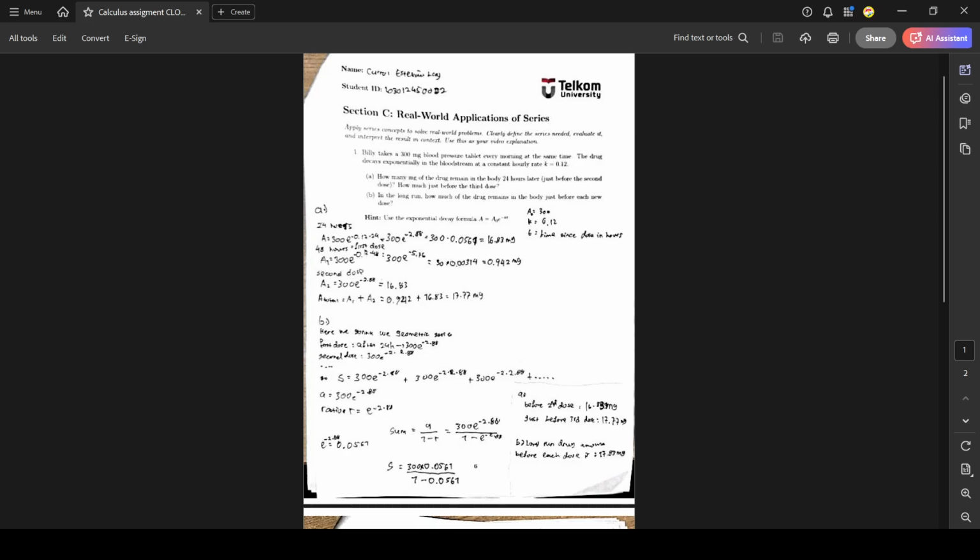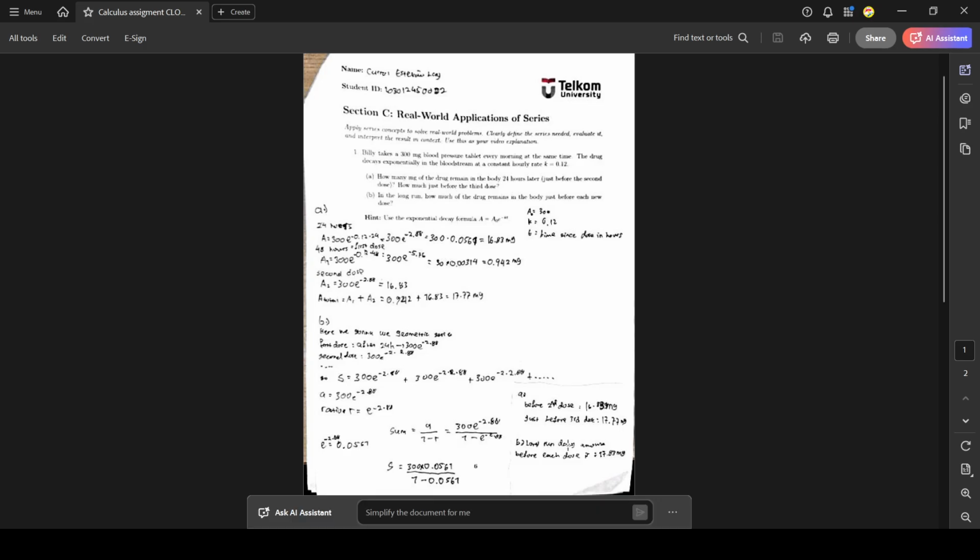So here we know that A is equal to 300 times exponential of minus 2.88, and the ratio is exponential of minus 2.88. The formula for the sum is A over 1 minus R. From this calculation, the value ends up to be 17.83 milligrams.